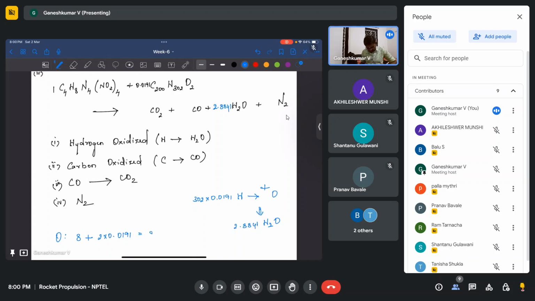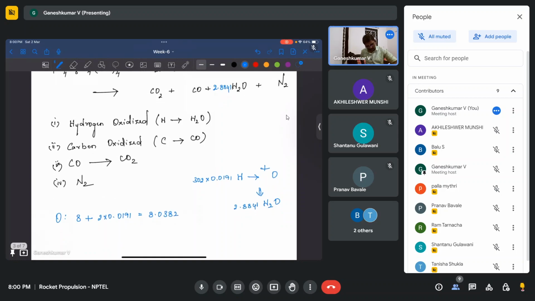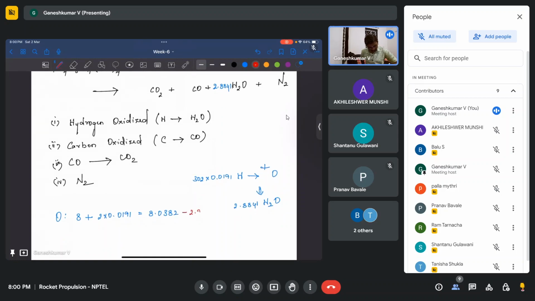We have 8.0382 oxygen atoms present, and in that we used 2.8841 oxygen for the H2O formation. So the remaining oxygen left would be something like 5.1541.